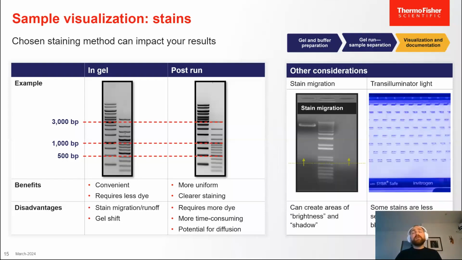Both of these have advantages and disadvantages. If you add the stain into the gel, it can result in a shift, because the stain binds to the DNA inside the gel and it slows down its movement because it just becomes bigger, in a sense.